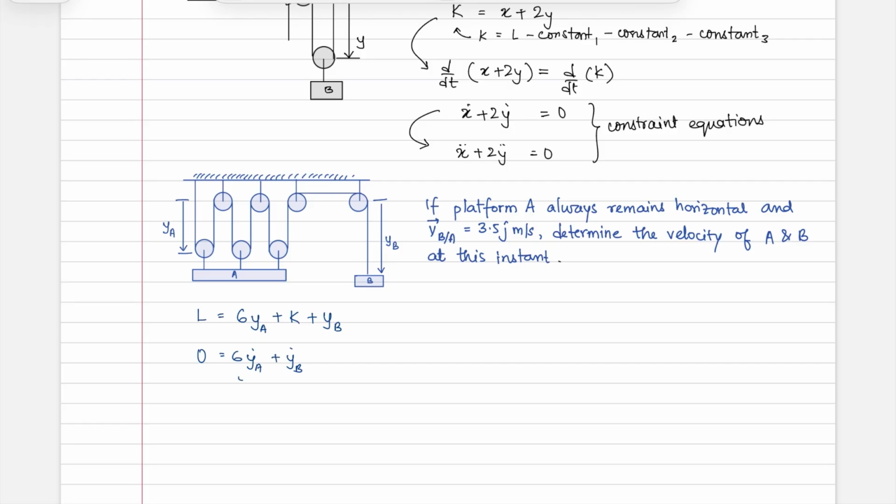What is YA dot? That is the velocity of A, or the speed of A. And this here is the speed of B. So you have from this that VB is equal to minus 6 VA. And given to you is that the velocity of B with respect to A is equal to 3.5, or the velocity of B minus the velocity of A is equal to 3.5.